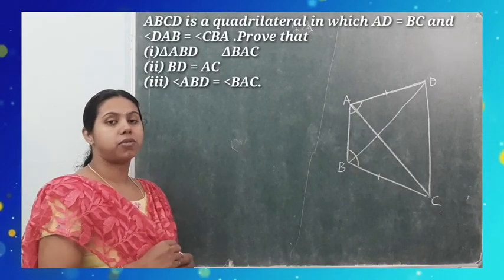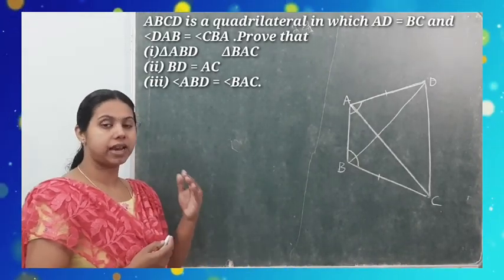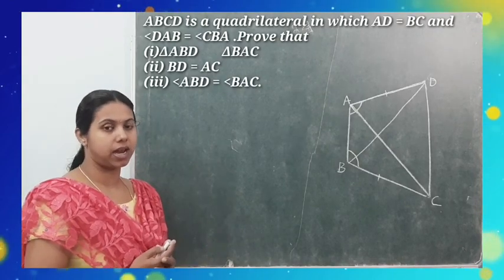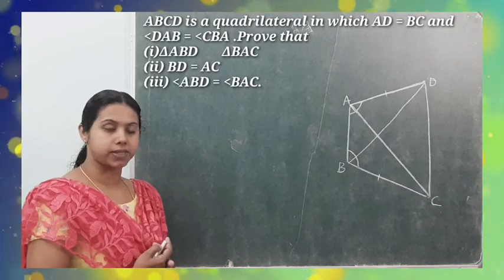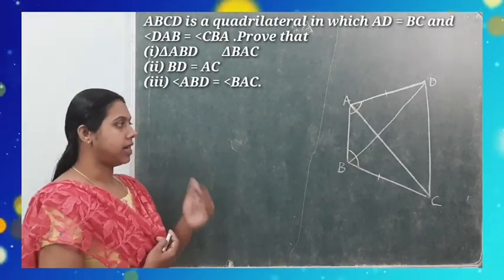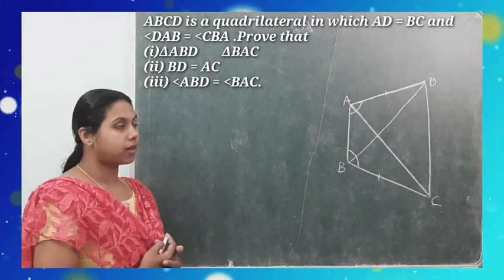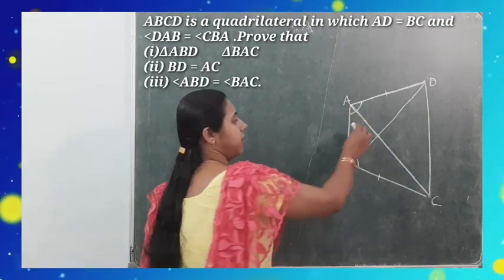We need to find out one more equal part. If there are three corresponding parts, we can use the criteria to show the congruency. So, can you identify any other equal parts in these two triangles?